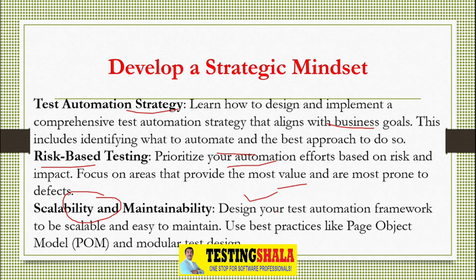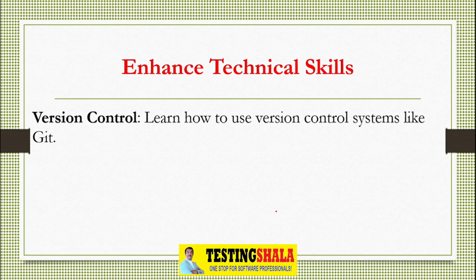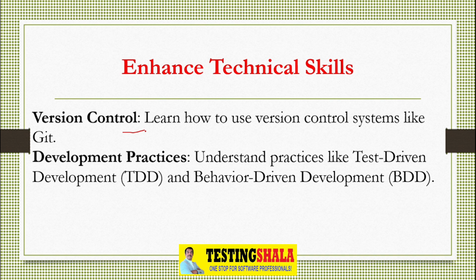And you should also enhance your other technical skills, such as version control, because for the code we'll have to use various version control tools like Git, or any other platform which your company or organization is going to use. You should adopt that kind of version control. Also, you should learn and develop best practices in terms of development.